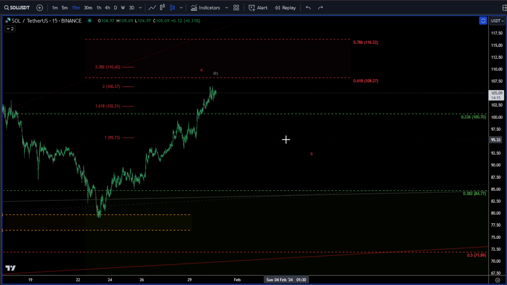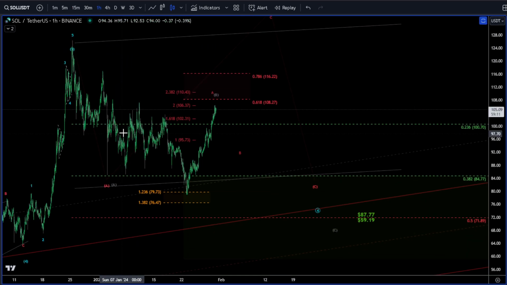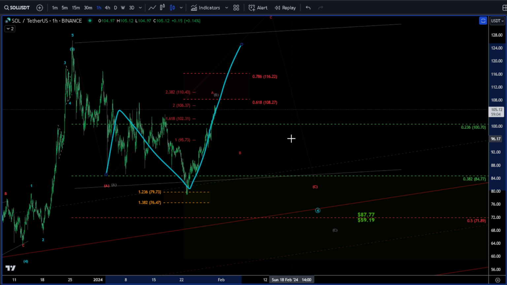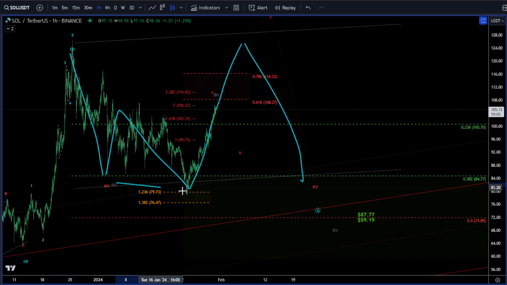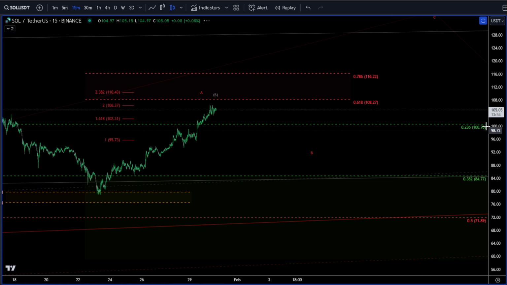Or if we keep going from here, there is one other alternative, but I think it's unlikely: we can still be an ABC and this gets extended up. Then we make our C wave down. It should just be an expanded flat in between. This is why B waves are so difficult to trade, because they can be so many different things.